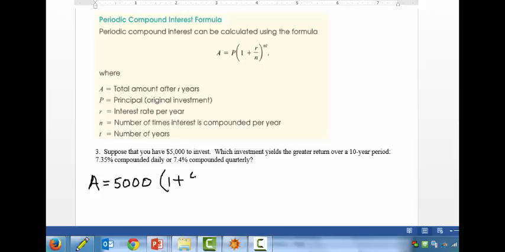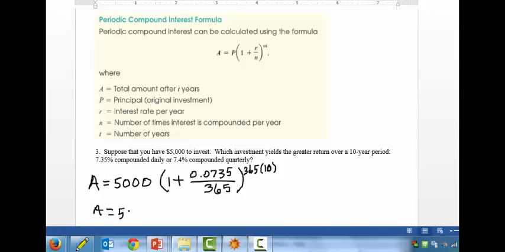So we want to find out which yields the greater return: investing $5,000 at 7.35%, where the compounding occurs daily, or investing $5,000 at a higher percentage of 7.4%, compounding quarterly.